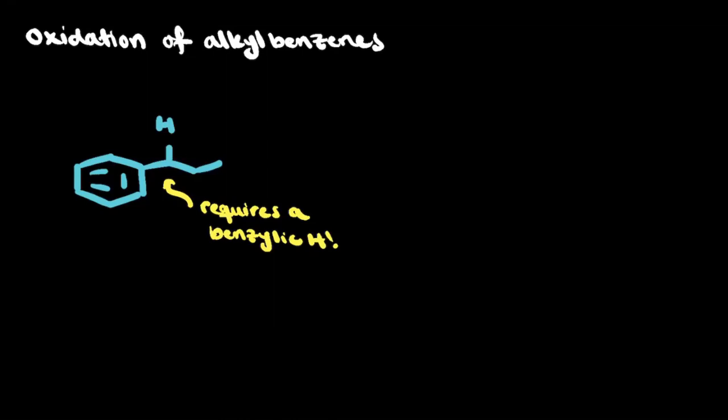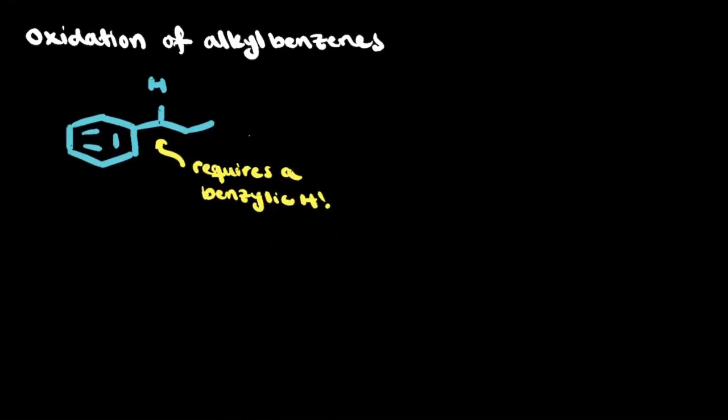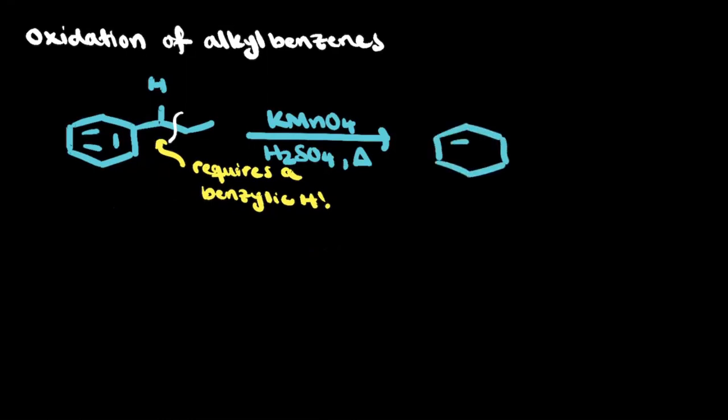You can take very strong oxidizing agents. The big one is potassium permanganate with sulfuric acid and heat. It's going to leave everything past the benzylic position, and you're just going to end up with a carboxylic acid at the benzylic position. The product will always look the same if you have a benzylic hydrogen.